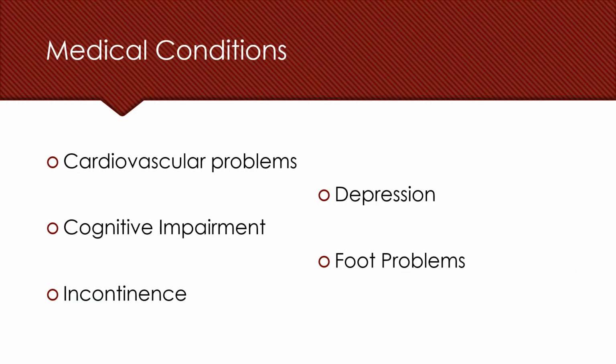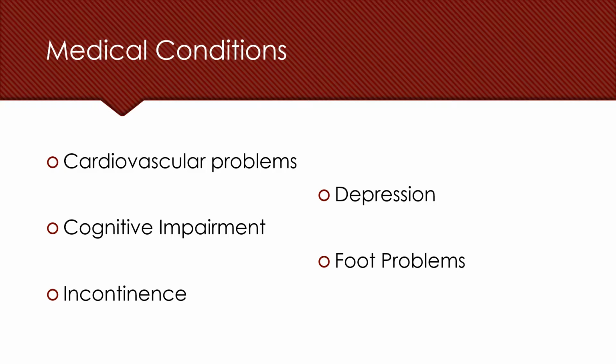So the next slide that's important to fall risk prevention is considering some of the medical conditions that a client could be experiencing that will put them at a higher fall risk. So the first one would be cardiovascular problems. And one of the biggest things in line with cardiovascular problems would be blood pressure issues.